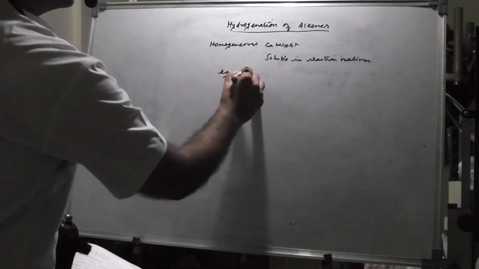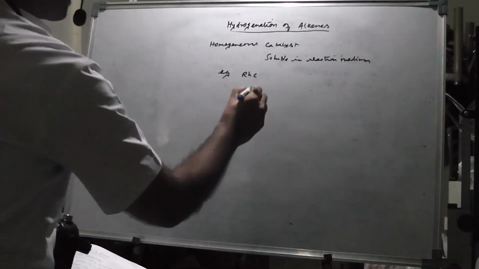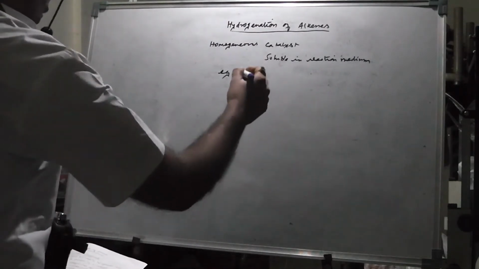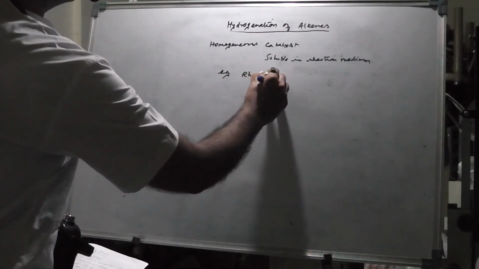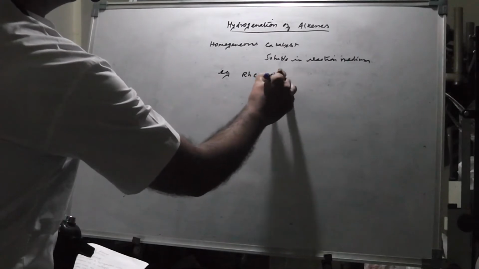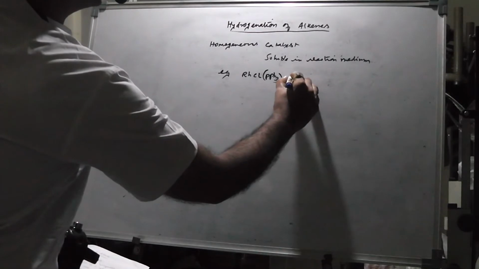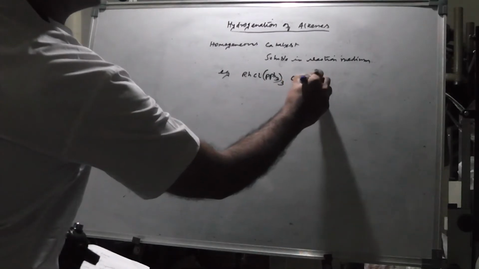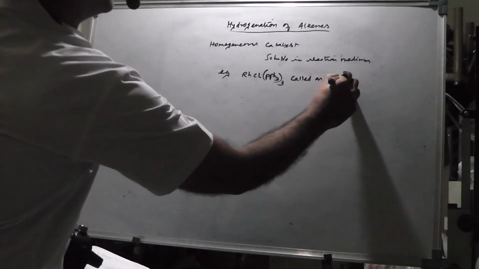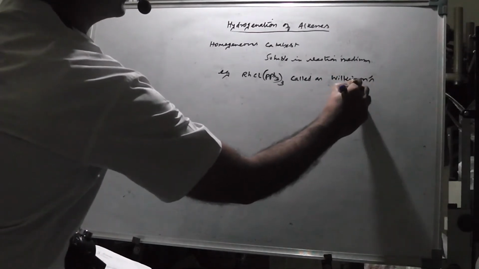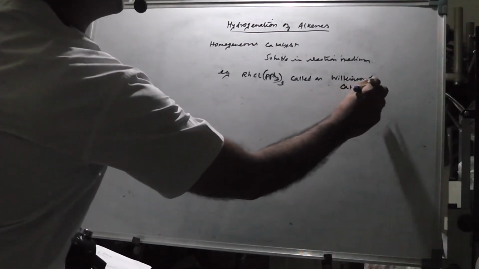Example: chlorotris(triphenylphosphine)rhodium, called Wilkinson catalyst. It's one of the very popular catalysts for homogeneous catalysis.